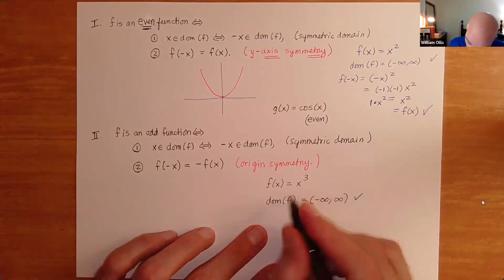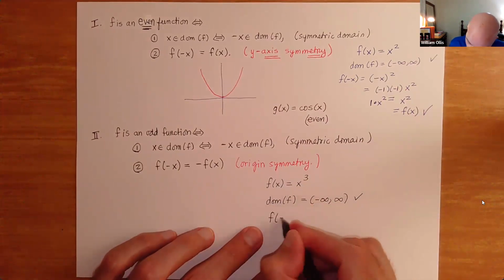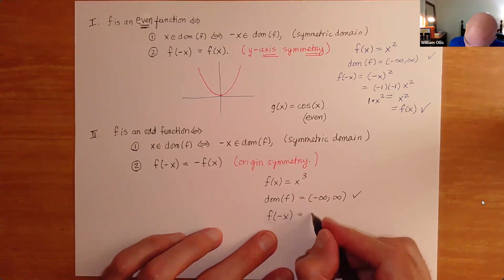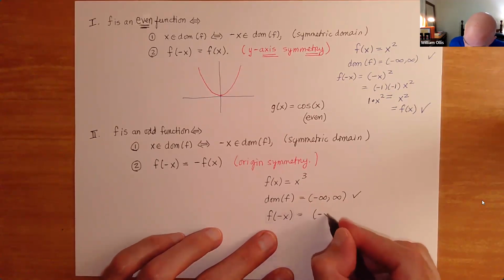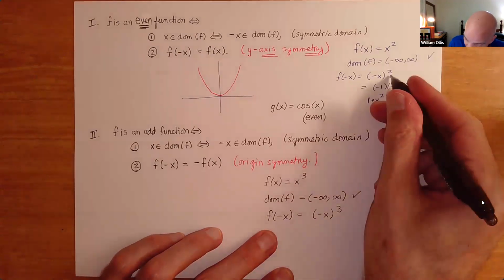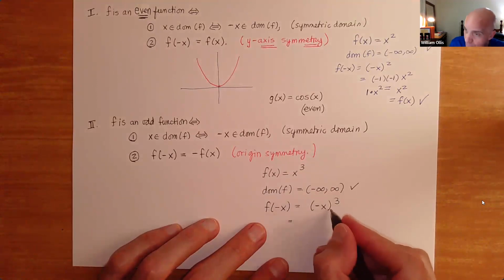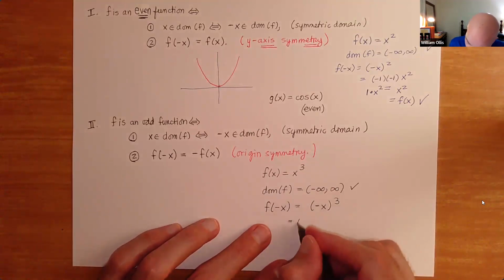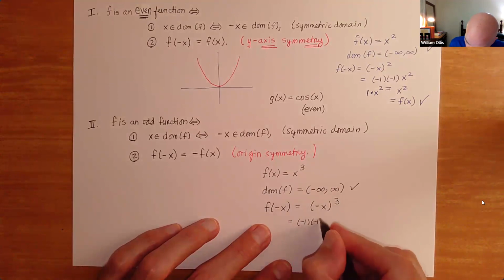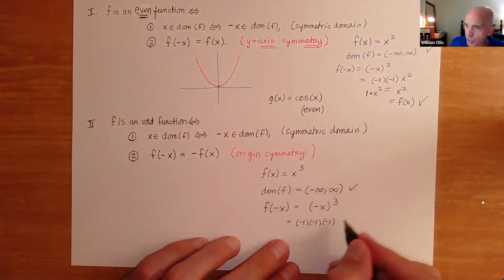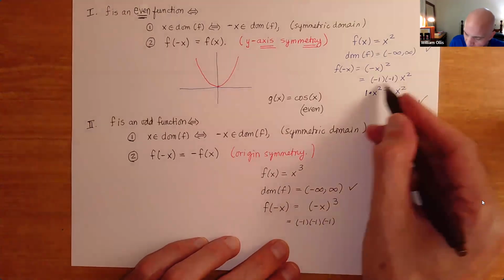Now, of course, we would want to show that the negative survives, and that's easy to do. So we have, in this case, negative x cubed. I'll do the same thing I did here. I'll just say that's a negative 1 times x, 3 times. So that's a negative 1, a negative 1, negative 1. You could just do the negative 1 cubed, but I'm just parroting what I've done here.